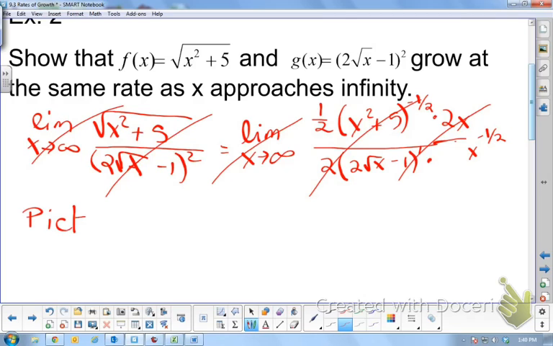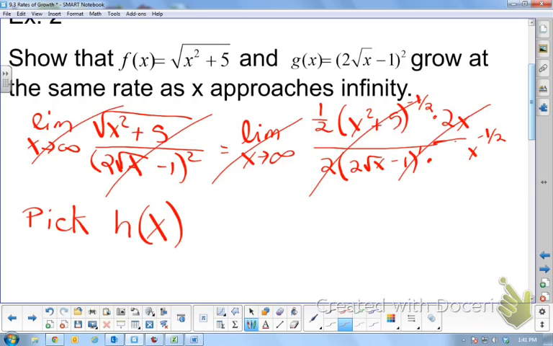Now we can't just pick any function, because otherwise it might not prove anything for us. But that transitive property only worked when something grew at the same rate. So our goal is to pick something that we think will grow at the same rate as square root of x squared plus 5.